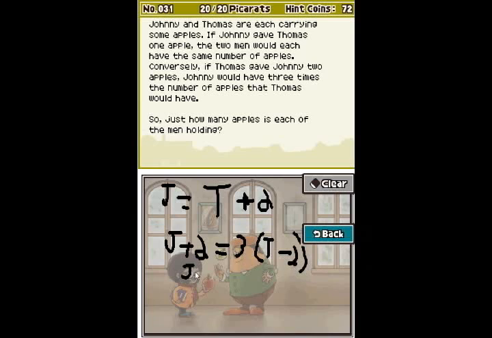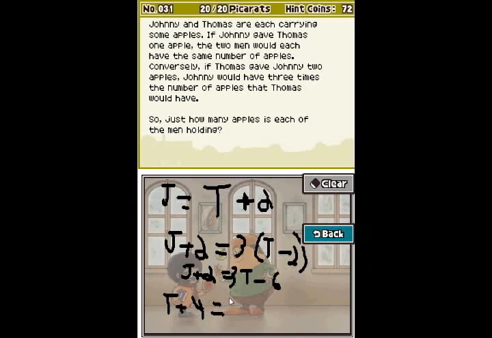So J plus 2 equals 3T minus 6. Well, let's see. T plus 4 equals 3T minus 6.